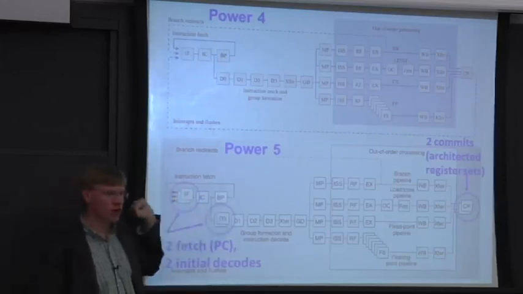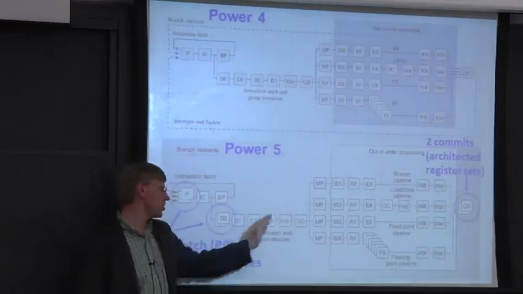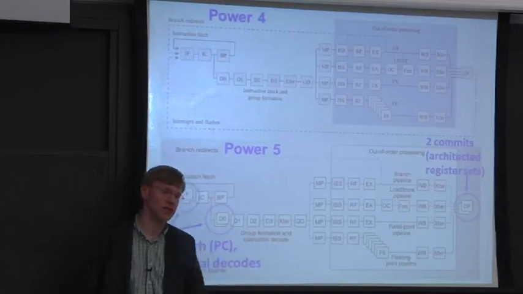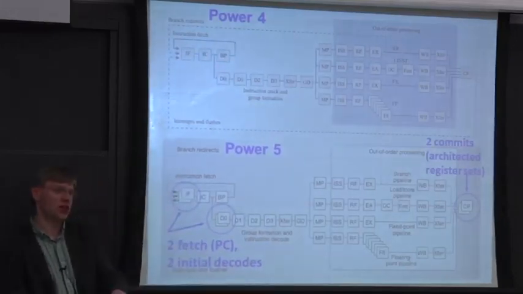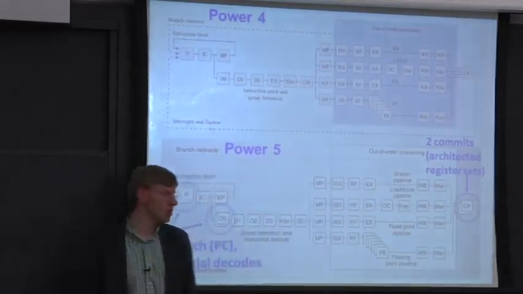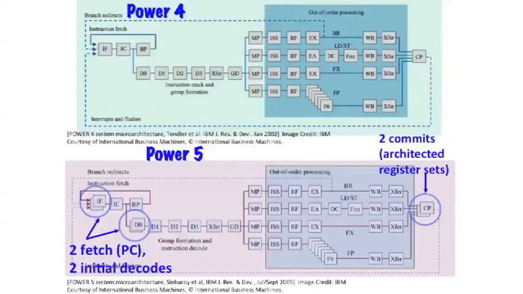You can decode more instructions. And then they added an extra pipe stage, which they call group formation, which is basically the scheduling of the two different threads' instructions together by the time it reaches the execution units. Also, as we've talked about before, even without symmetric multi-threading, it's pretty useful to have more physical registers and more architectural registers. You're minimally going to need more architectural registers, and more physical registers is probably a good performance thing.